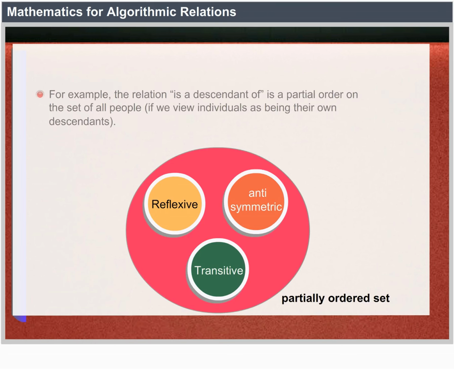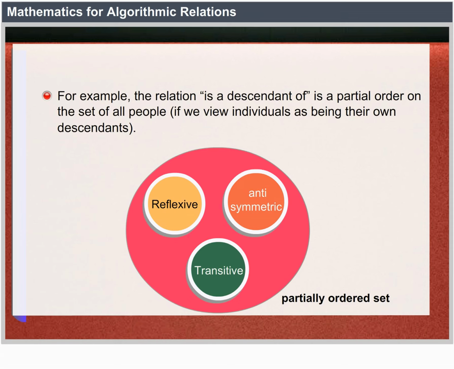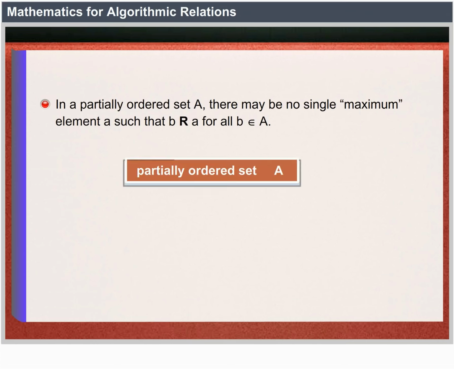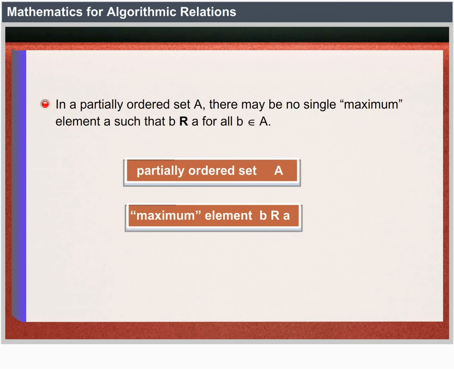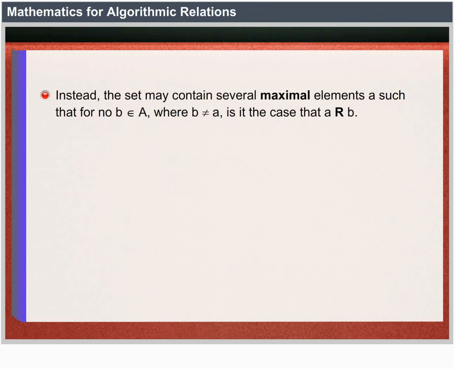For example, the relation is a descendant of is a partial order on the set of all people if we view individuals as being their own descendants. In a partially ordered set A, there may be no single maximum element a such that bRa for all b belongs to set A. Instead, the set may contain several maximal elements a such that for no b belongs to set A, where b is not equal to a, is it the case that aRb.